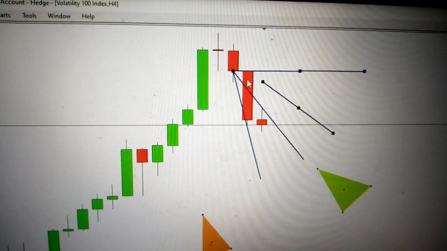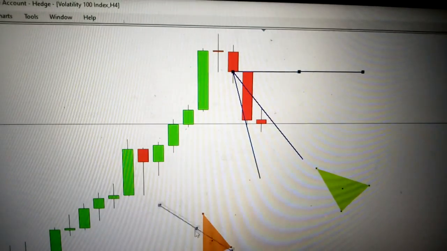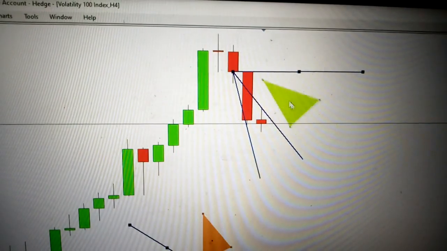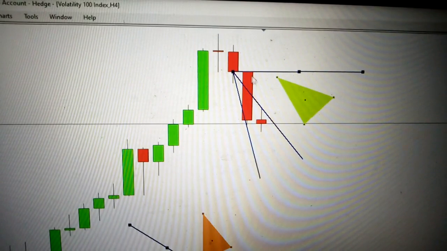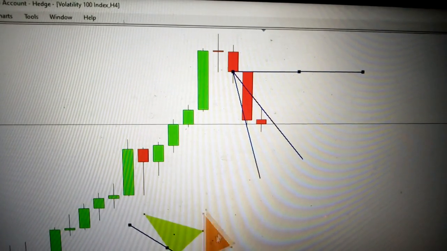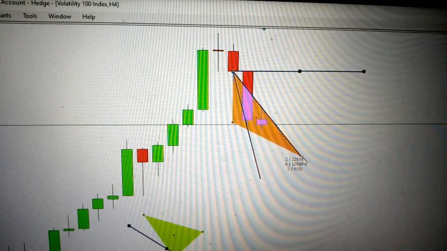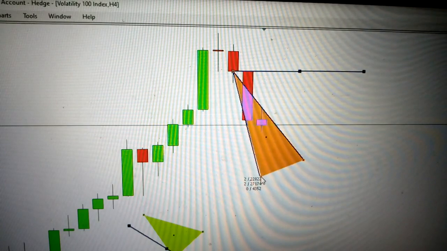For this, we do not have a wick, or we do not have a high price. All we have is an opening price, so we may not need this trend line. Also, we may not need this because we do not have a high price that will allow us to pan out the upper megaphone. So we'll put this aside, but definitely we have the lower megaphone, so we can apply the shape on the lower megaphone.